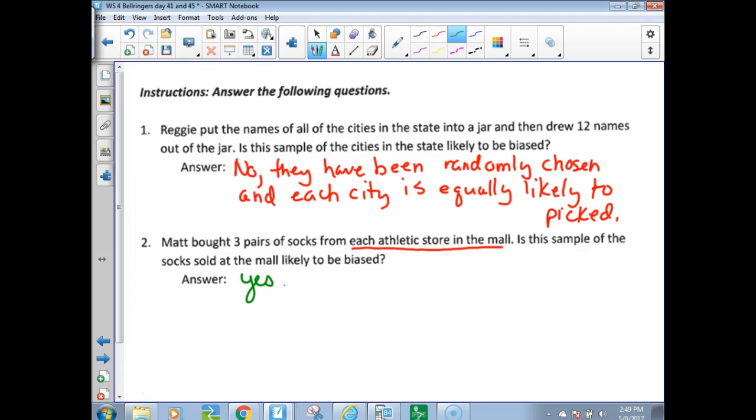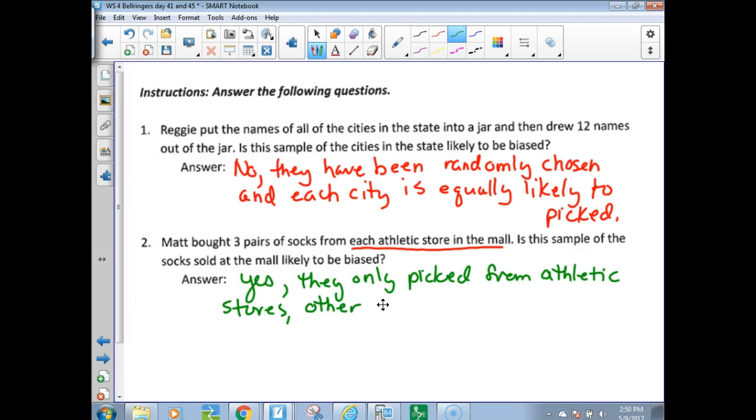This is biased. How did you word that again? I would like to go ahead with your wording. Okay, they only picked from athletic stores. So what are you saying about that? Okay, great.